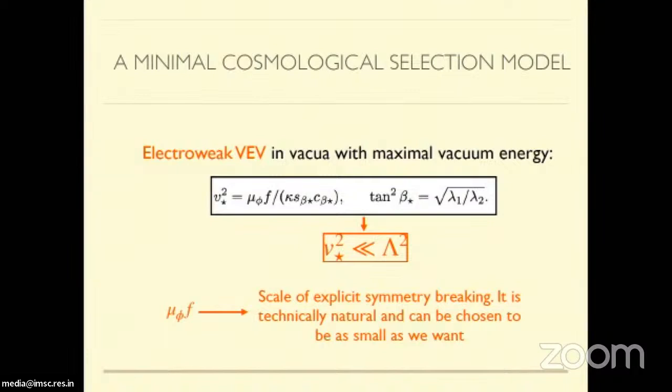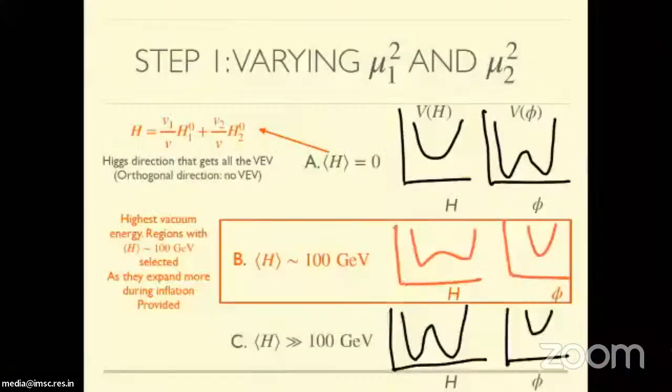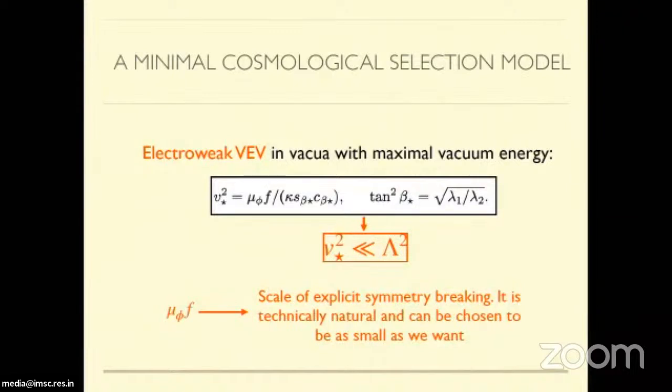The corrections to mu phi f due to loop corrections, is that under control, or can loops lift it to the cutoff? Yes, because this is the parameter that breaks the shift symmetry. So the corrections to mu phi are multiplicative, of order mu phi. Mu phi itself is not technically natural, I thought.